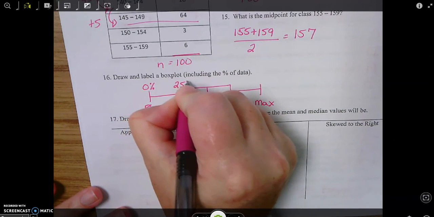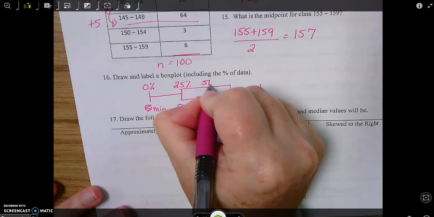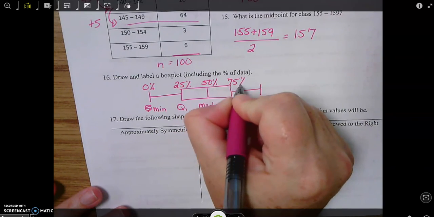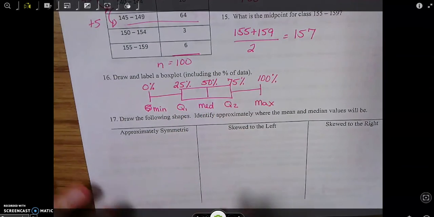Q1 is our 25%. Median, because it's in the middle, is 50%. Q2 is 75%. And max is 100%.